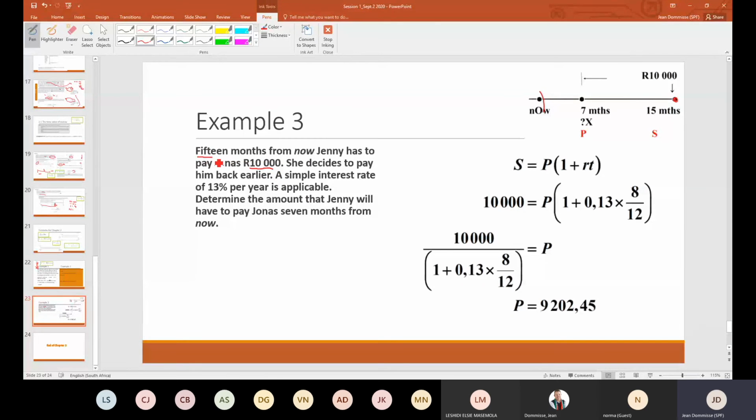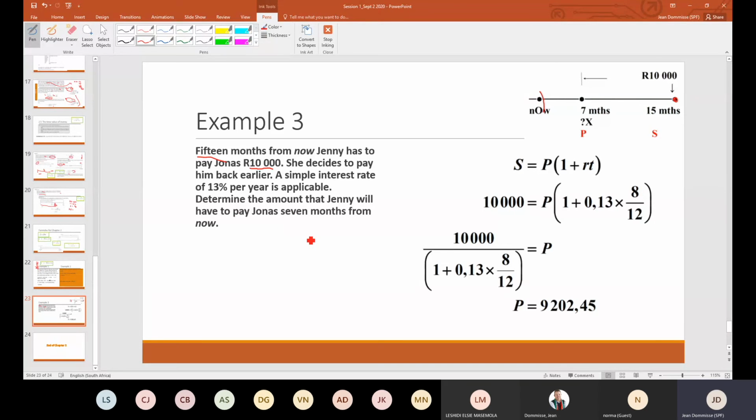So basically, we know in 15 months' time, it is 10,000. She decides to pay him back earlier. A simple interest rate of 13% per year is applicable. Determine the amount that Jenny will have to pay Jonas 7 months from now.